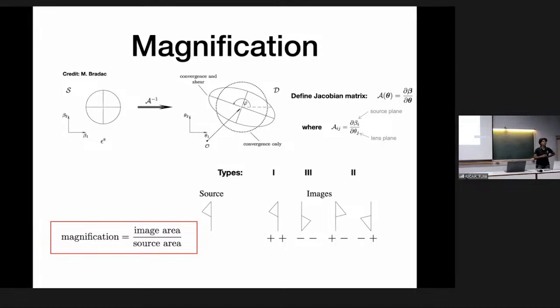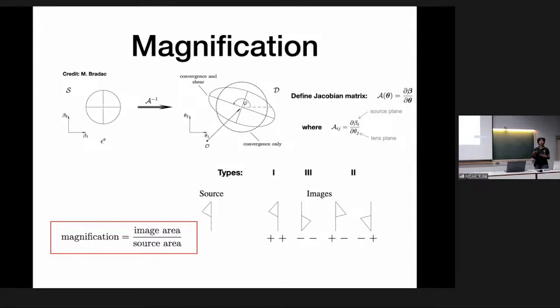Since we have two eigenvectors, we have two eigenvalues, and there are different types of images that one can observe based on the values of the eigenvalues. That is shown here with some pictorial representation. If both eigenvalues are positive, then these images are called type 1. If both are negative, they are called type 3. And if we have one plus and one minus, then these are called type 2 images.